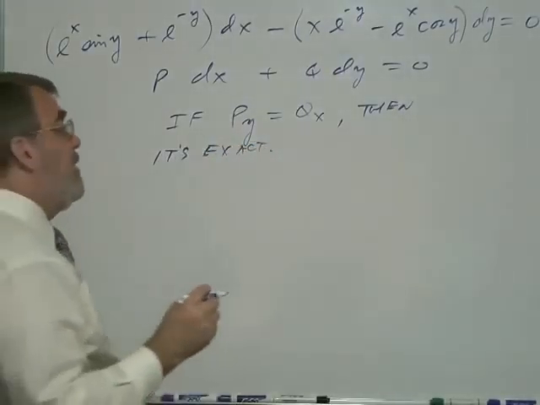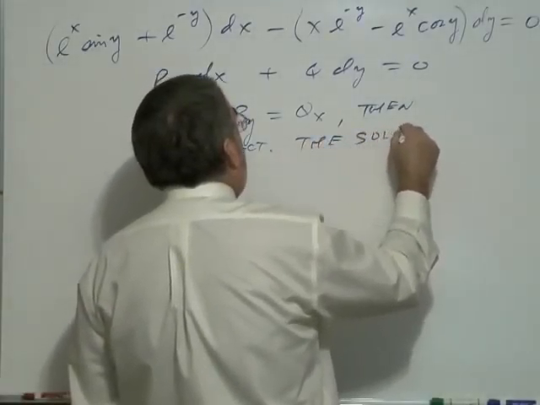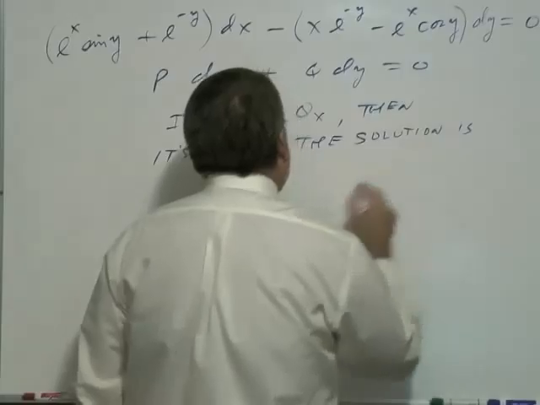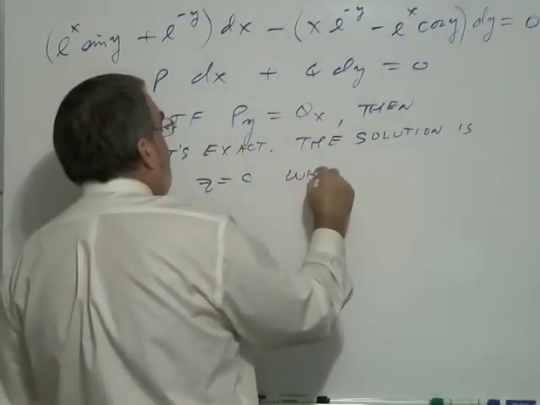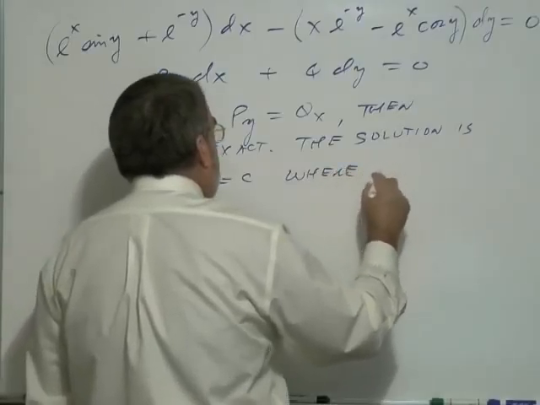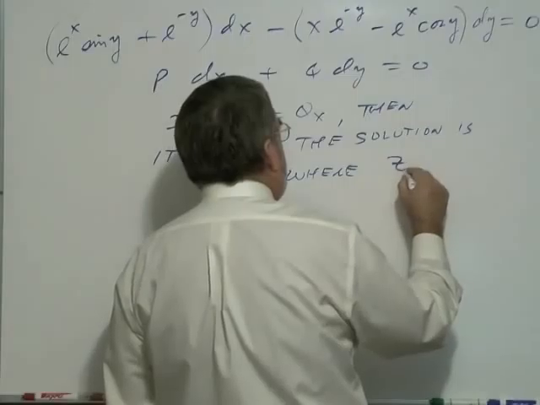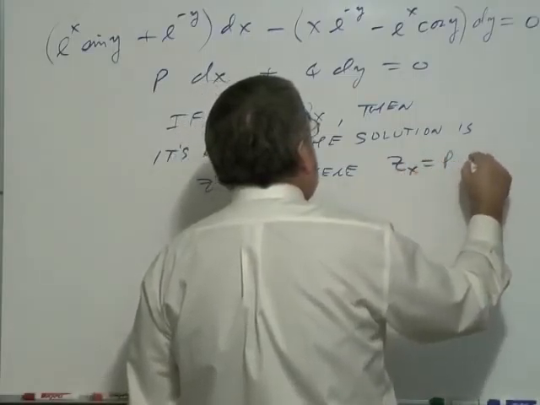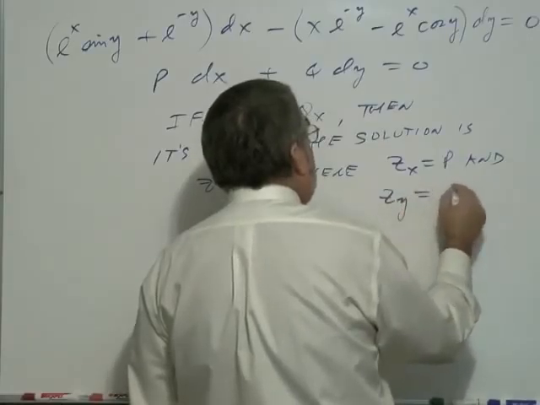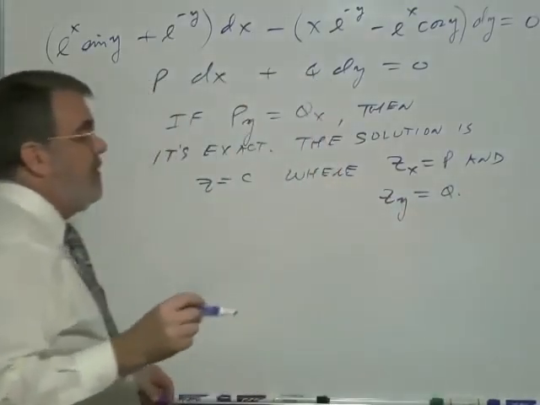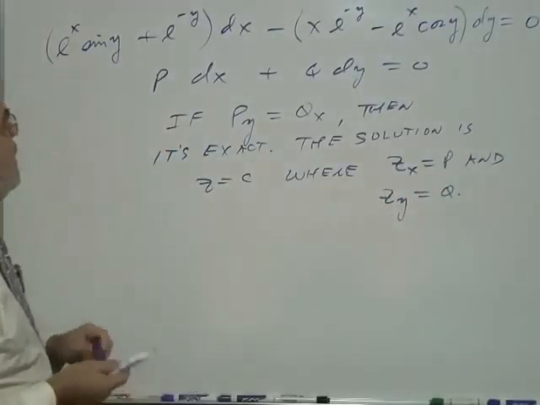And then we find the solution. The solution is z equal to constant, where partial of z with respect to x equals p, and partial of z with respect to y is equal to q. Alright, and we get the solution by integrating these terms.